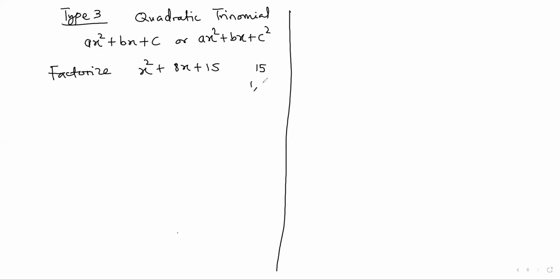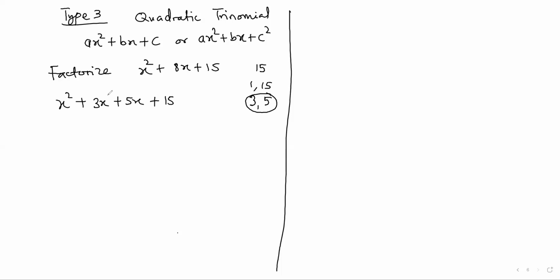So we have 1 and 15 giving you 15, and you have 3 and 5 giving you 15. Which of them can help you get the b, the coefficient of x, which is the 8 over here? So realize that it is 3 and 5. So we can now replace this 8 with the factors, which will be 3x plus 5x, because 3x plus 5x gives you 8x, then plus our 15.